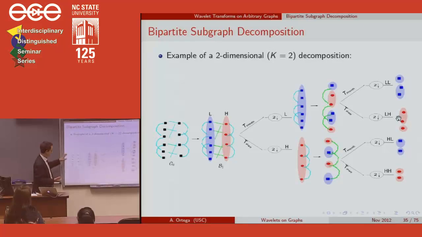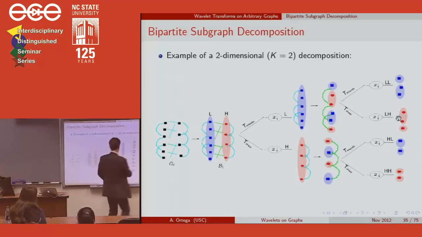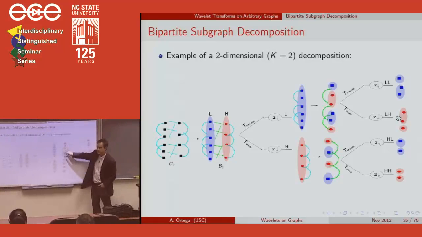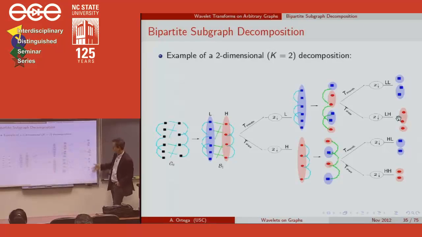Okay, so we first filter only across these links. Okay, let's say row-wise in the image example. Then we're left with low pass, high pass values. We put back the other links, and then we have all 4 combinations: low pass across the first set of edges and the second set of edges, all the way to high pass across both sets of edges. Okay, so that's how we do the approximation.